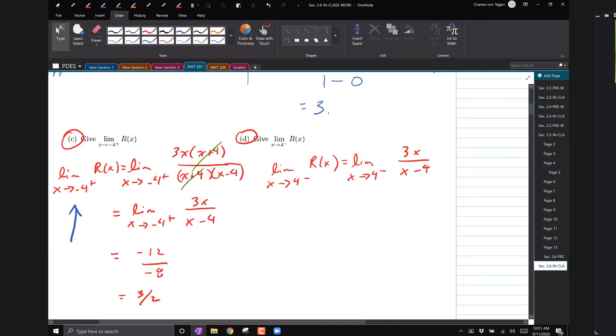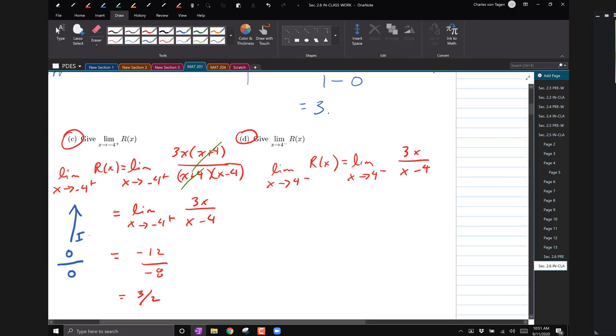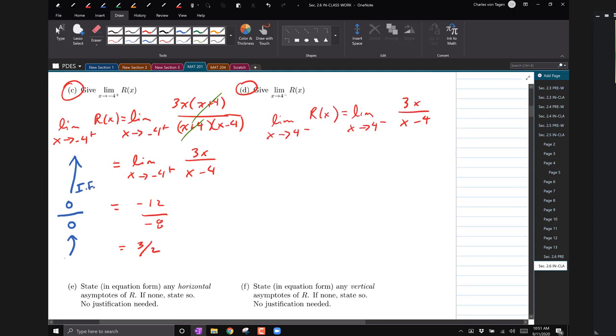But if we substitute -4 into the numerator, we would get a 0. And if we substitute -4 into the denominator, we would get a 0. So this is the justification that this problem had an indeterminate form 0 over 0. And whenever you see that, all you can conclude is that you have more work to do.